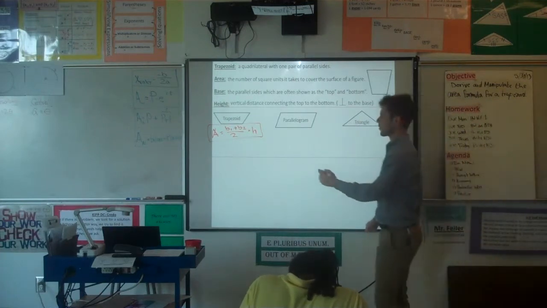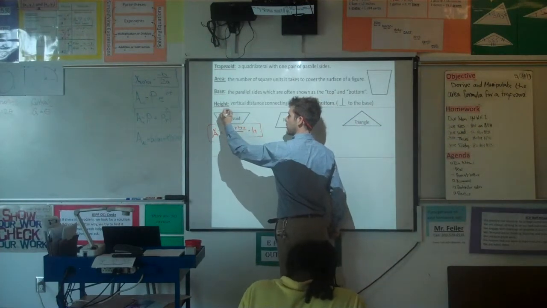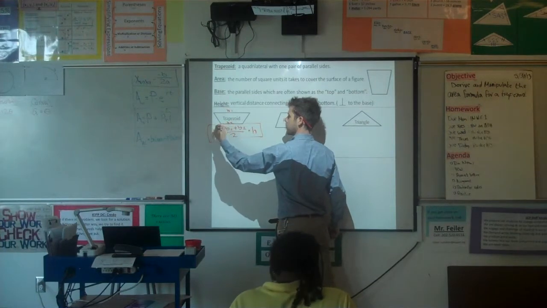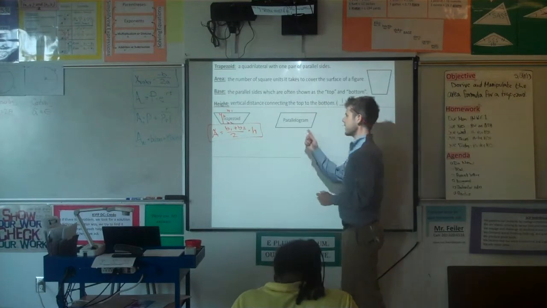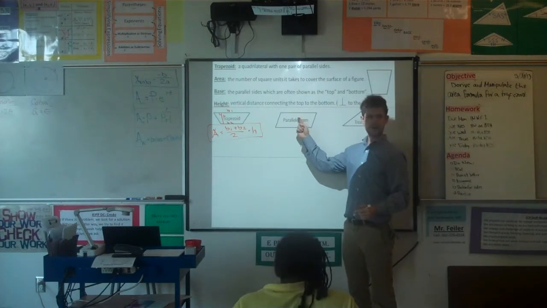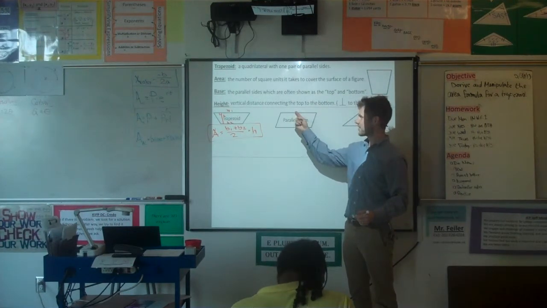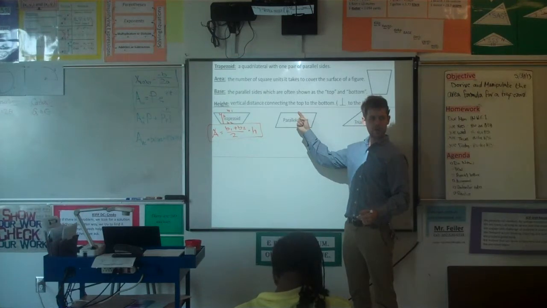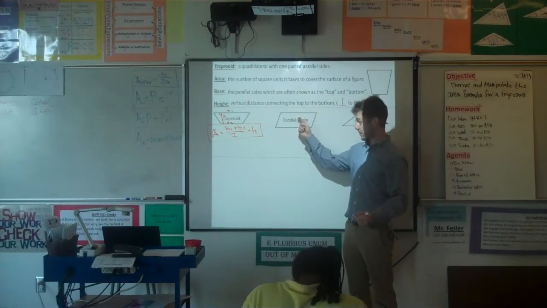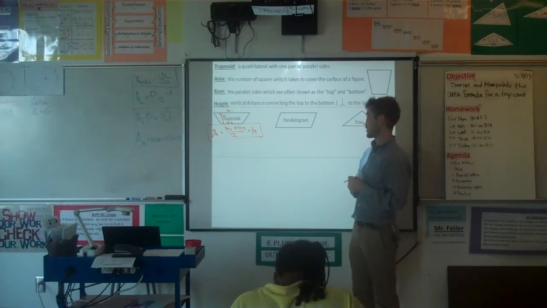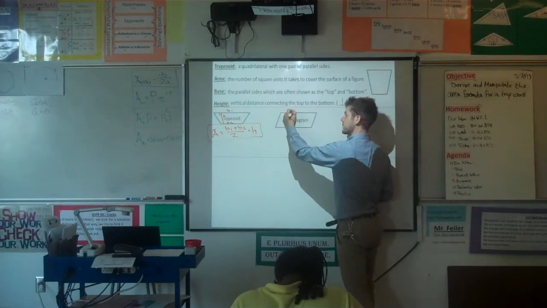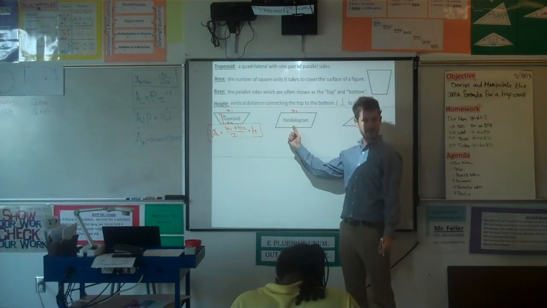Okay? And of course, in a trapezoid we have B1 and B2, and we have a height. Now, in a parallelogram, what do we know about the opposite bases? They are certainly parallel. What do we know about their lengths? You got it, they're the same. This is from another exploration that we did. If this one is B1, then what do we know about the length of this?